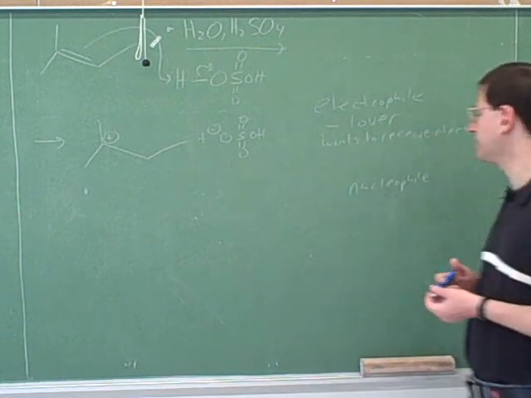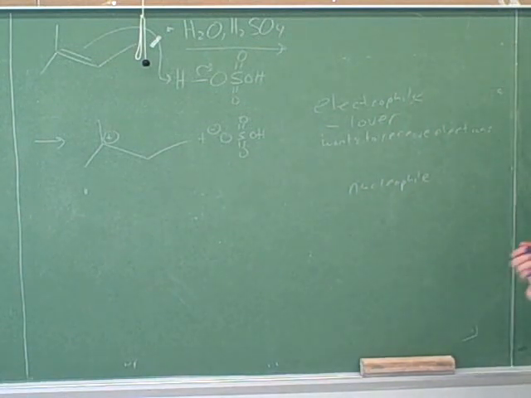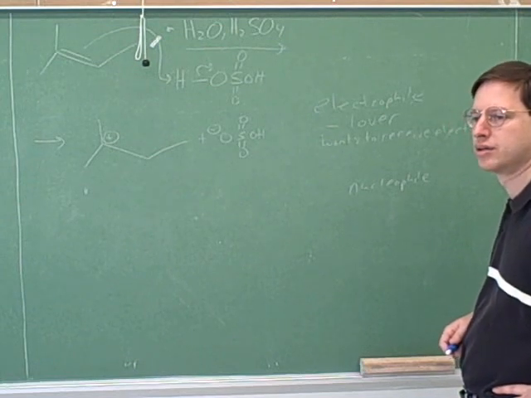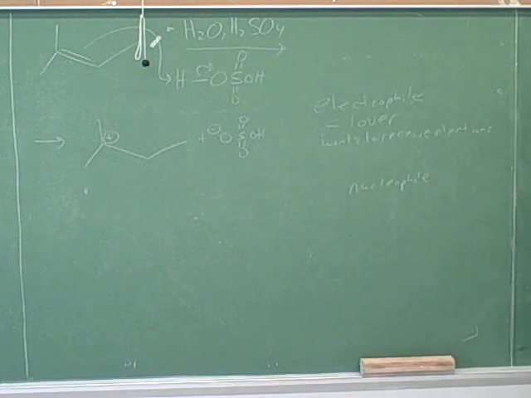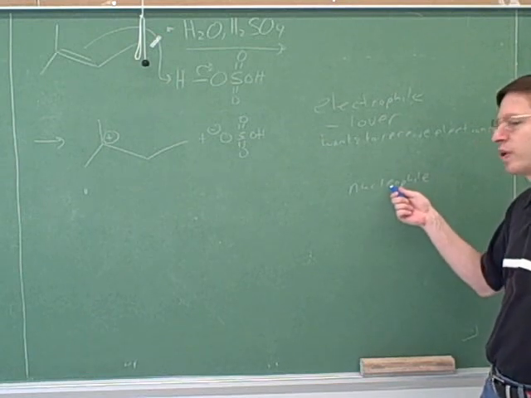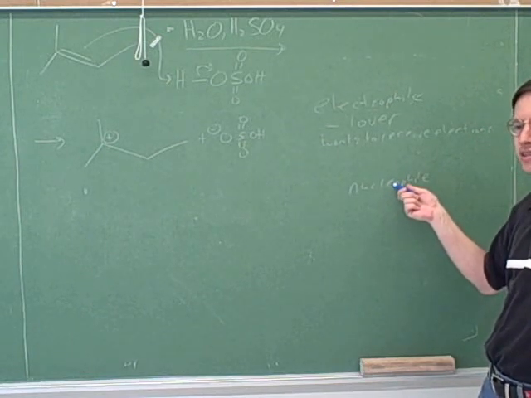Because our nucleus is positive or negative? Do you know who lives in the nucleus of an atom? Protons and neutrons, which are positive. That's right. So when people say nucleophile, they really mean proton lover, because in the nucleus is the protons.